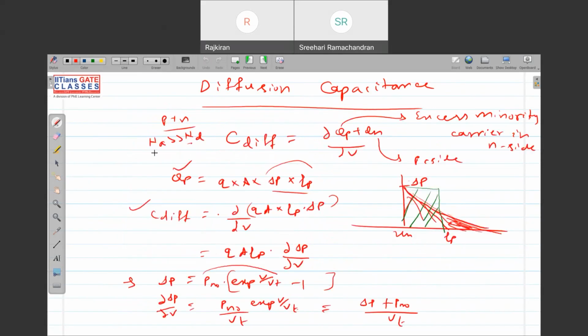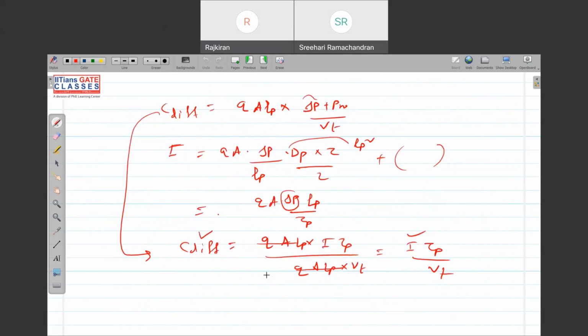So if I cannot ignore the current due to electrons, if this condition is not true, if both electrons and holes are there, then C diffusion will be equal to I P0 into tau P0 plus I N0 into tau N0 by 2Vt, if it is not a P plus N junction.